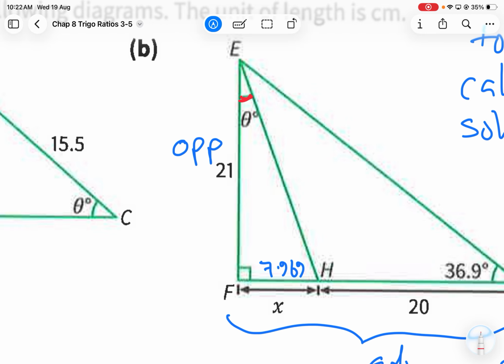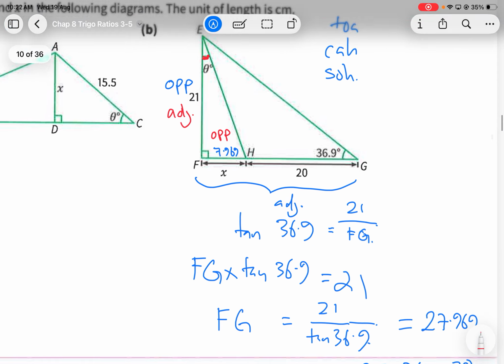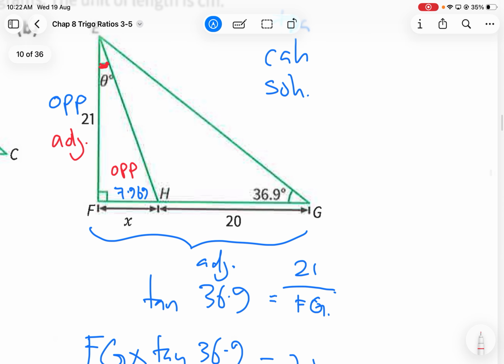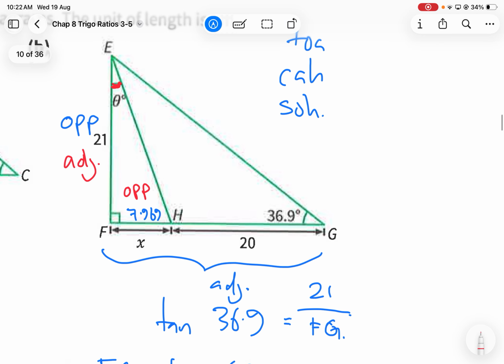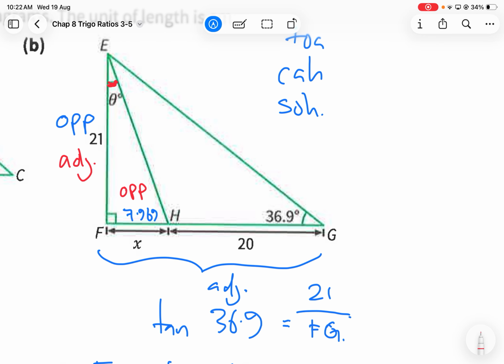Now the angle is here. 21 is no longer opposite. 21 is now the adjacent already. X is the opposite. Okay? Then I can find angle theta. I form the relationship between the opposite adjacent using tangent.